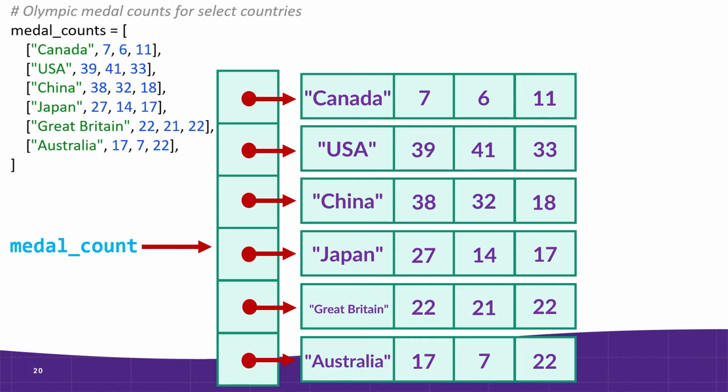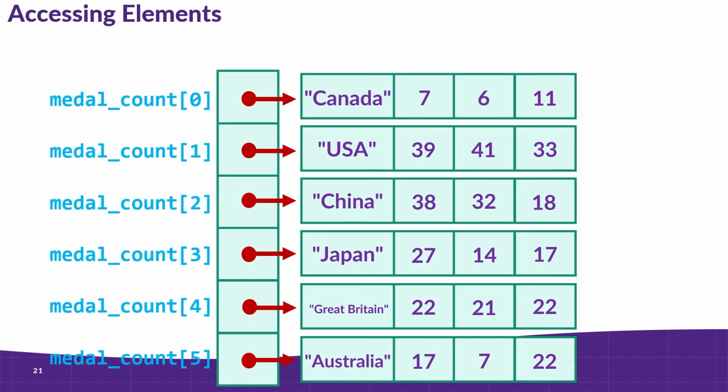So the element at index 0 would be a list for Canada and has the name Canada in it, as well as all of Canada's medals. The list at index 1 would be the list for USA, and it would contain the text USA followed by all of USA's medals for the last Olympics. So how can we reference these specific data elements? Well, like I said, we can reference these different lists by using the standard indices.